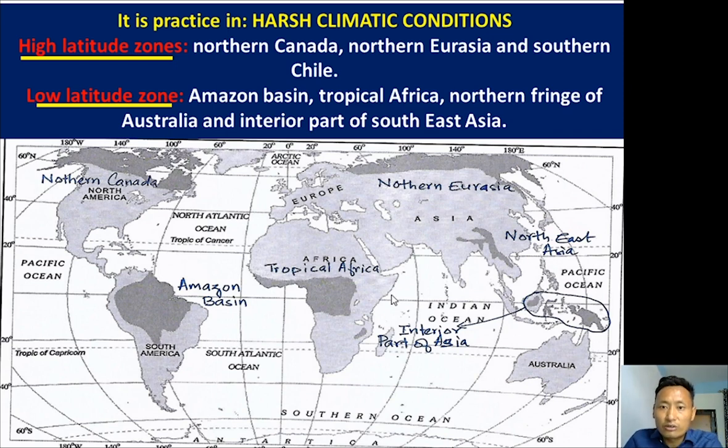So these are regions with harsh climatic conditions, very hot and cold, where some people still do hunting and gathering. Mostly they are engaged in gathering activities.